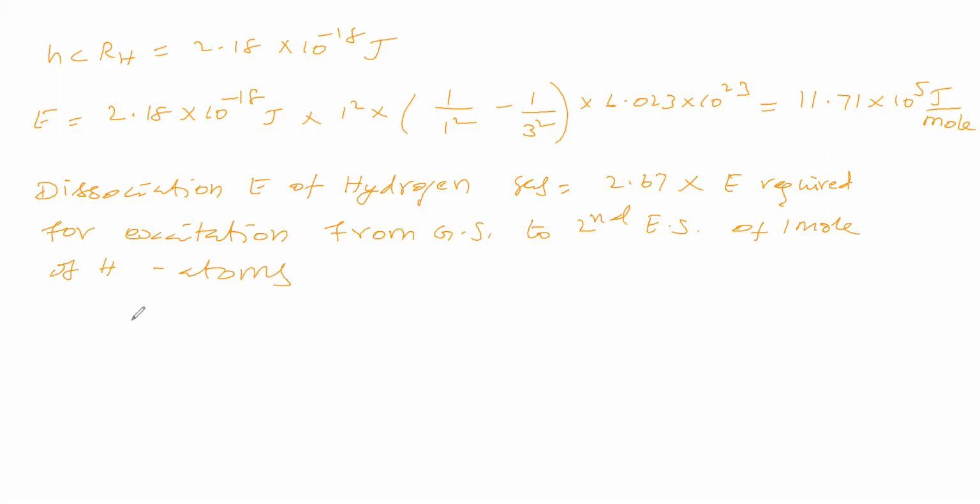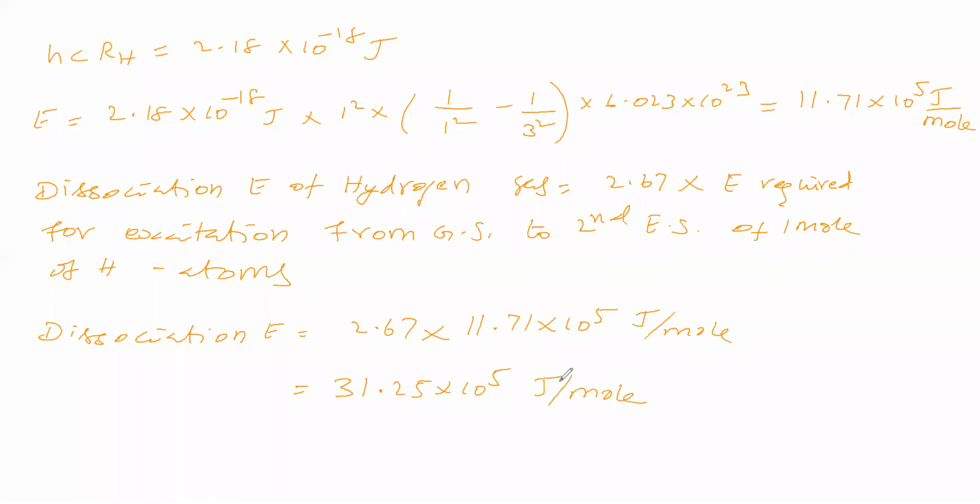So dissociation energy is equal to 2.67 into this energy required, 11.71 into 10 to the power of 5 joule per mole, which we have substituted. So we calculated the dissociation energy.